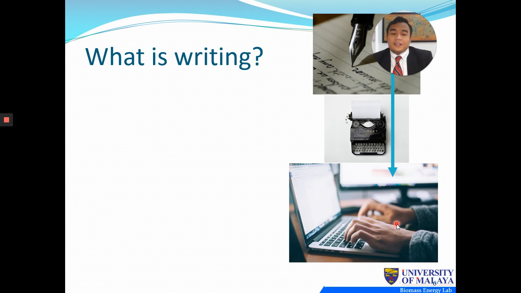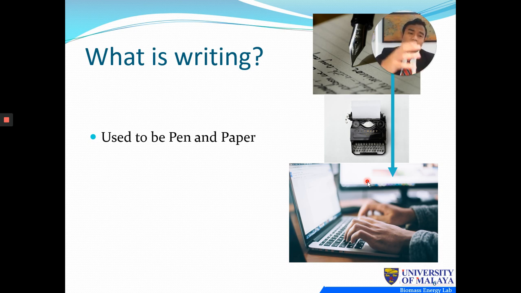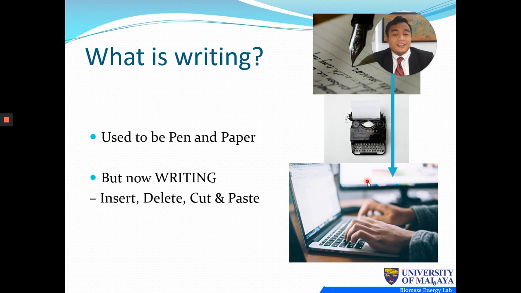So what is writing? In the old days, writing used to be pen and paper, where we jot down everything, wherever that we see, we hear about some information, we will jot it down with pen and paper. But now, writing is insert, delete, cut and paste using your computer or your laptops.